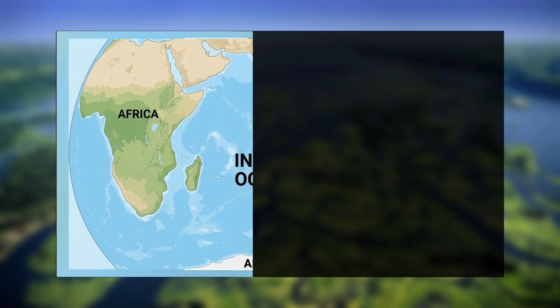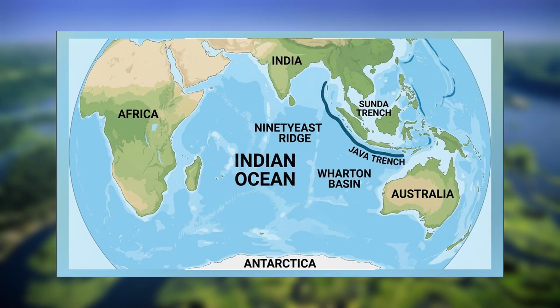Finally, the mid-Indian Basin occupies the area between the Central Ridge and the 90 East Ridge, averaging 4,800 meters in depth. A significant sub-region within it is the Wharton Basin, located south of the Bay of Bengal between the 90 East Ridge and the Broken Ridge.